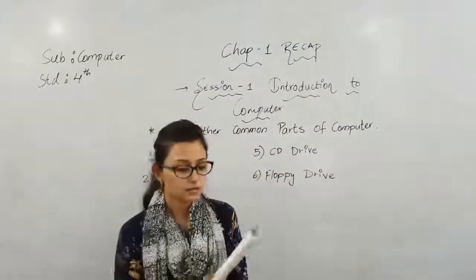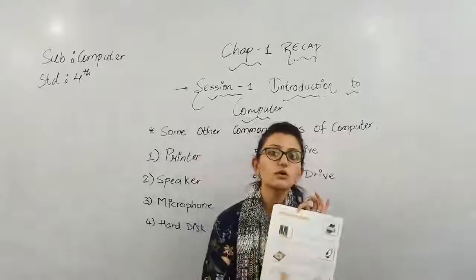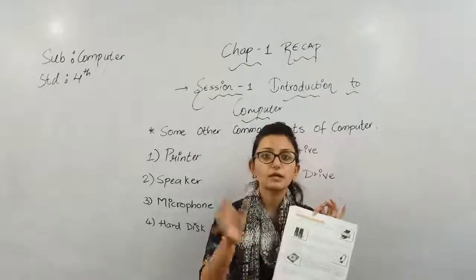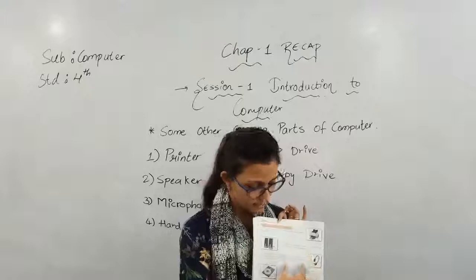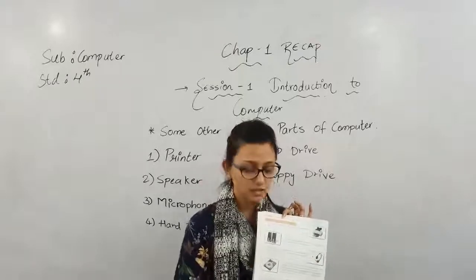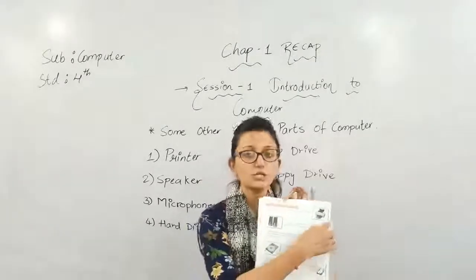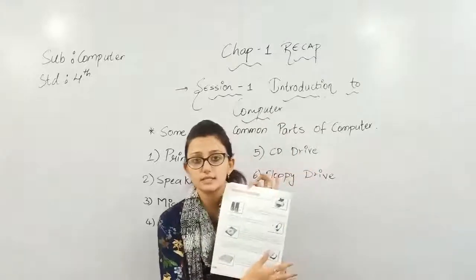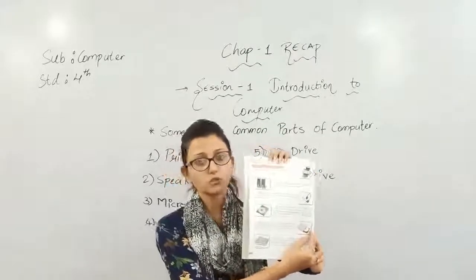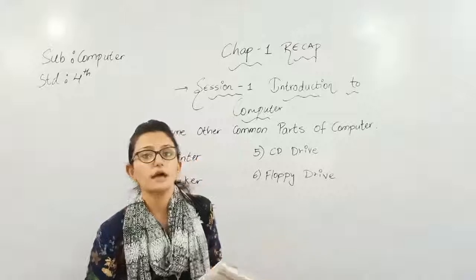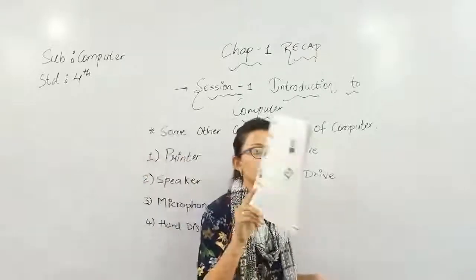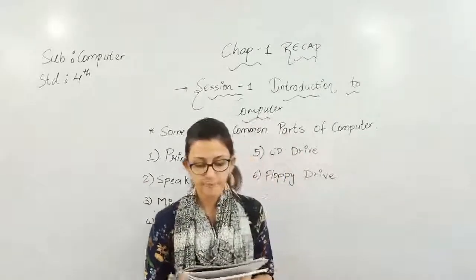That means this can also be stored in the hard disk. These are the text which is written over here, and these are the pictures which you can see in your notebook or textbook, and that is also stored in the hard disk.